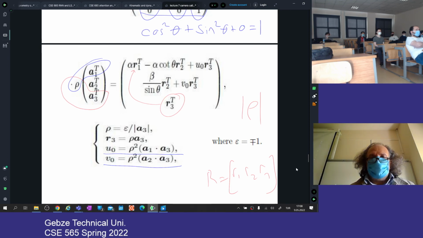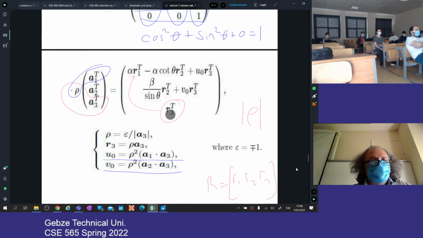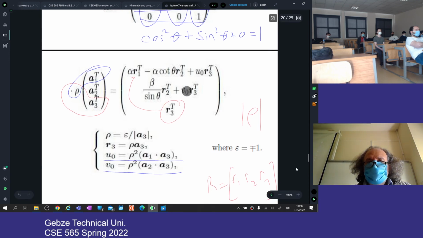Okay, so what else do we know? Let's kind of solve this one. V0 and U0 are there. Let's play this trick again. I know that R1 times R2 is 0, right? I know this. How about R1, R2, cross product?